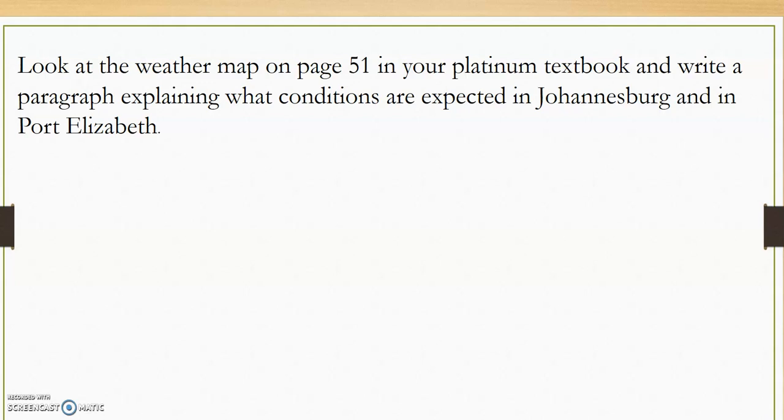Explain briefly, using the symbols that are on page 51, what the weather conditions for Johannesburg and for Port Elizabeth are going to be. So in a little paragraph, tell me about the temperature, the rainfall, cloud cover, wind direction, maximum temperature, minimum temperature. We've covered all that. It shouldn't be a problem at all.